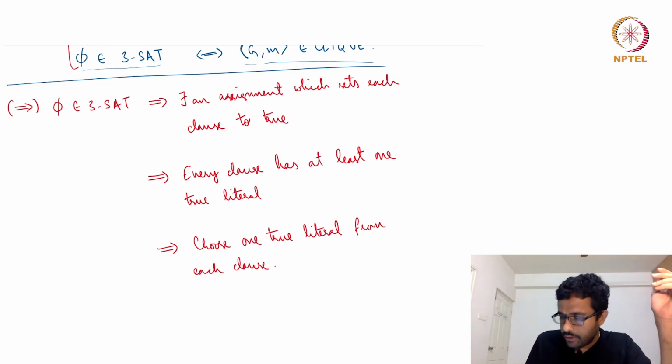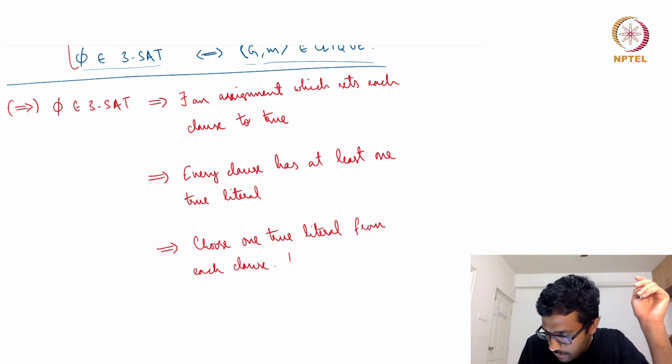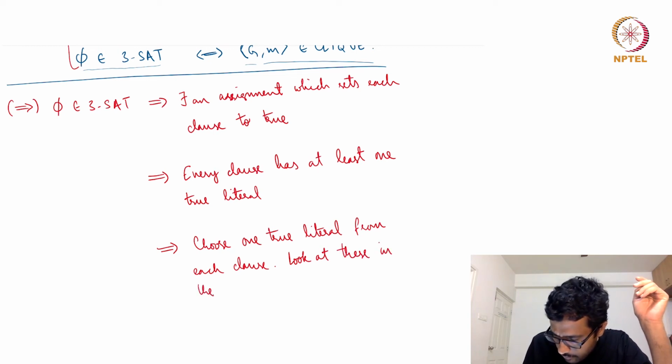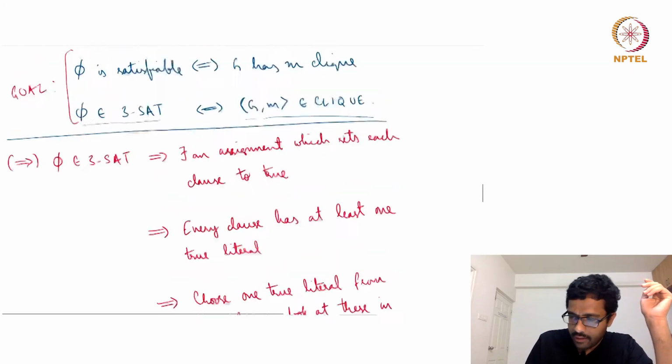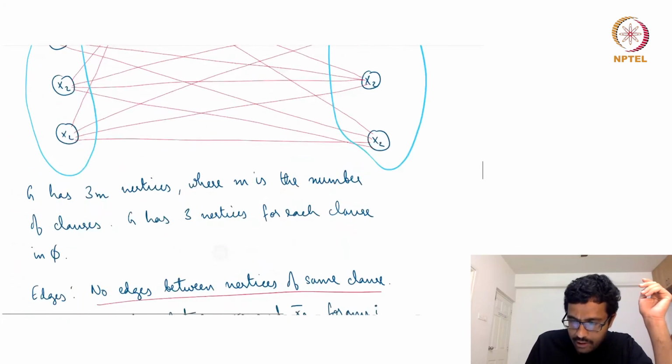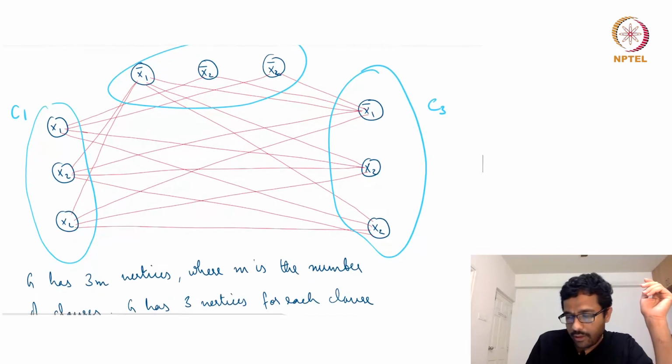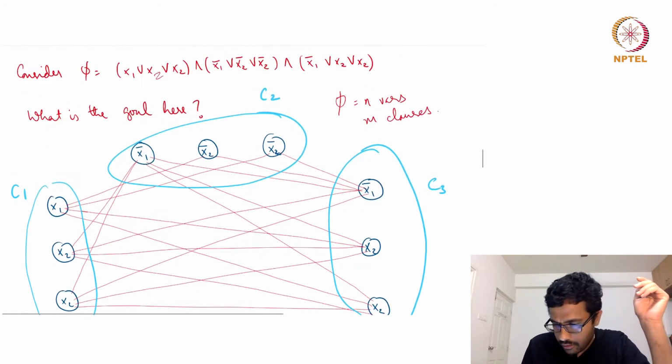So now choose one true literal from each clause and look at this in the graph G. So assume there are m clauses and you can choose one true literal from each clause.